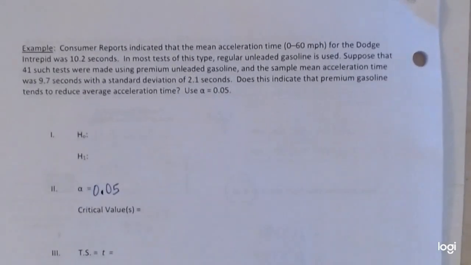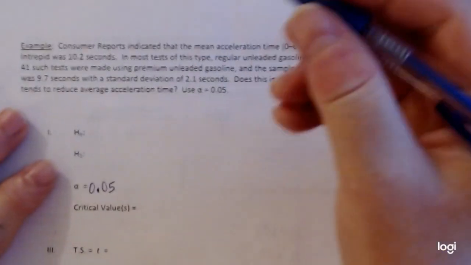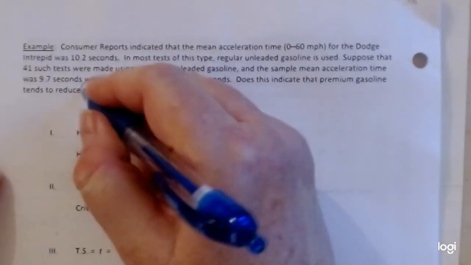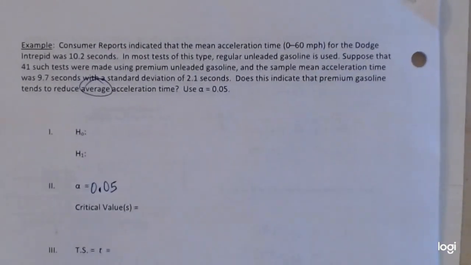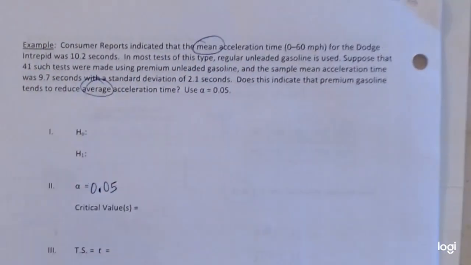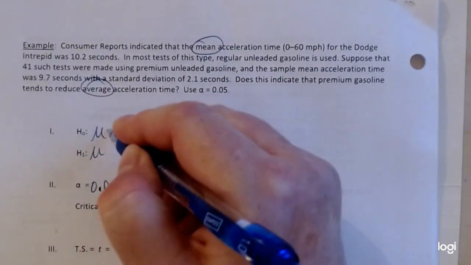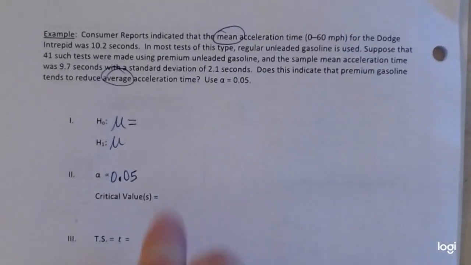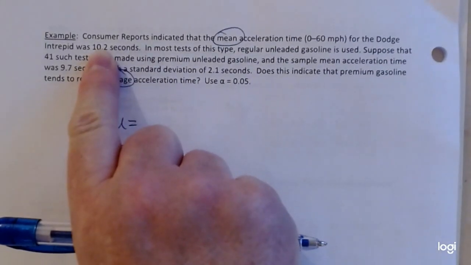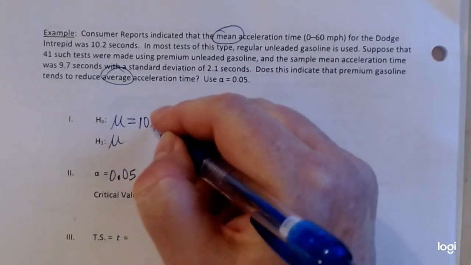So there's our alpha. And remember, we're talking about mean, average, mean. Make sure you know which parameter you're testing for. And our null hypothesis has the equal. And the equal is going to be 10.2. That's the established value.